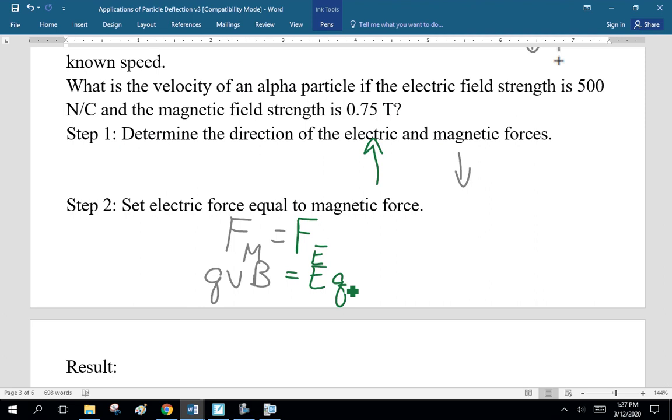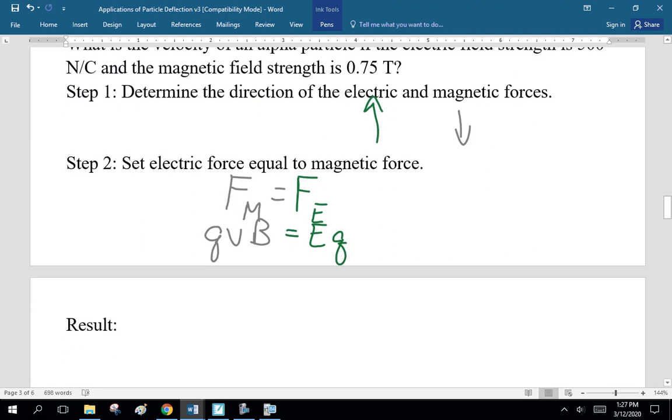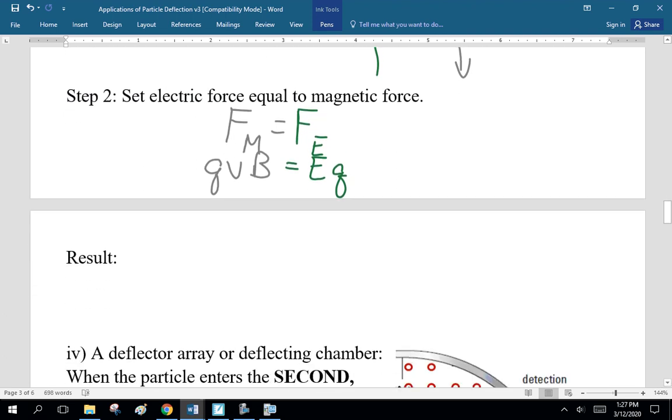Can we simplify this mess? Yes, we have a charge on each side. So this becomes velocity times magnetic field equals the electric field strength, or velocity equals the electric field strength divided by the magnetic field strength. So you can calculate the velocity if you know the electric field and the magnetic field. Since you're creating both of them, that's easy enough to measure.